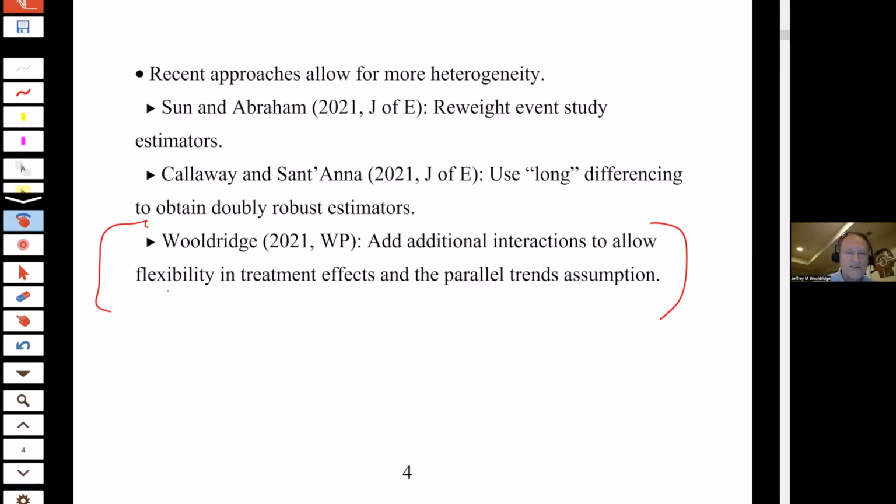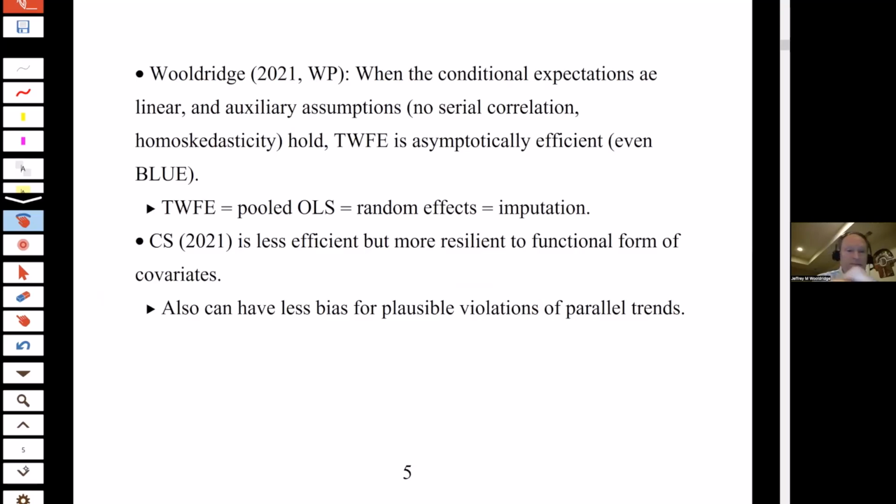So I'm going to show you just what the regression is that I have been proposing, and then talk about why Sue and I are looking at something different. The benefit of the regression approach is, one of the results I was able to show in this paper is when you in fact have linear conditional expectations, and then you add some assumptions, we don't need no serial correlation or homoscedasticity to hold, of course, for consistency or to do inference.